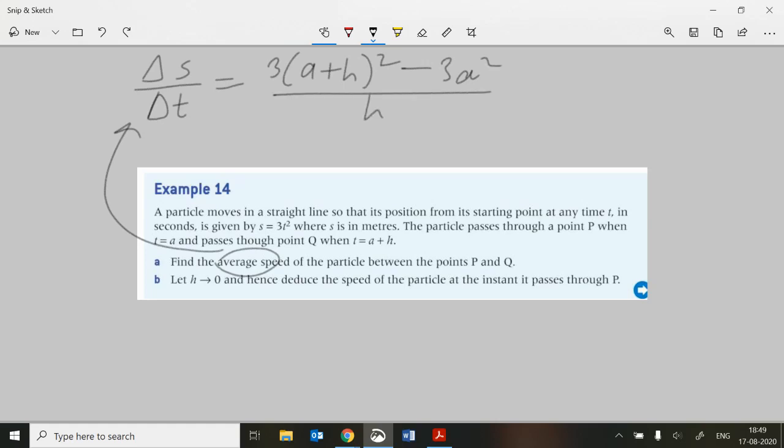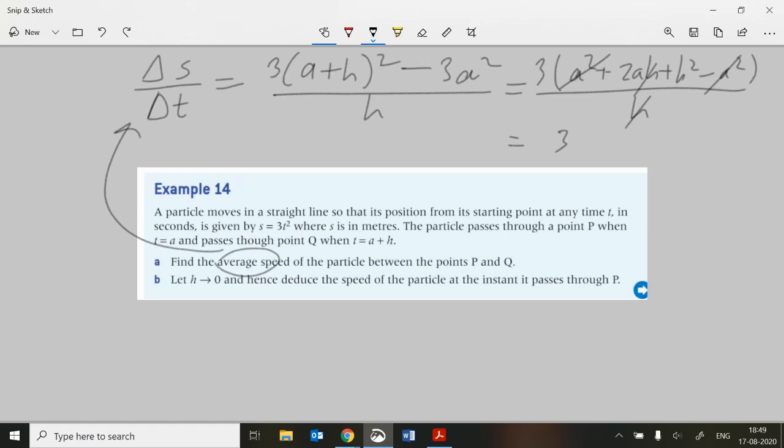So what do we got then? If we multiply out the top, we can factorize out the 3 to start off with, and we're getting a squared plus 2ah plus h squared minus a squared. I've just factorized out the 3 as well, dividing by h, and so the a squared terms are cancelling there, and we can see this is equal to 3, and we can cancel on h.